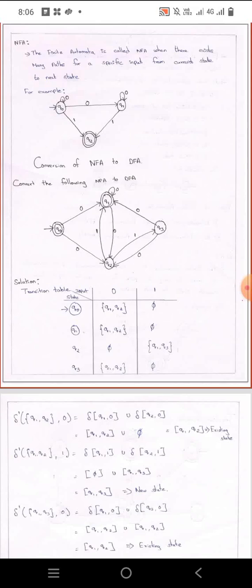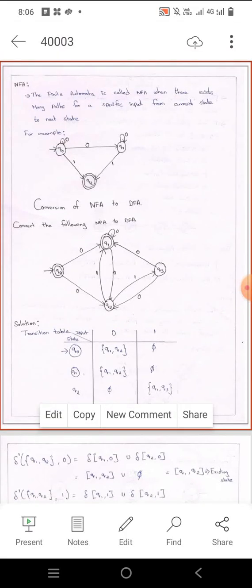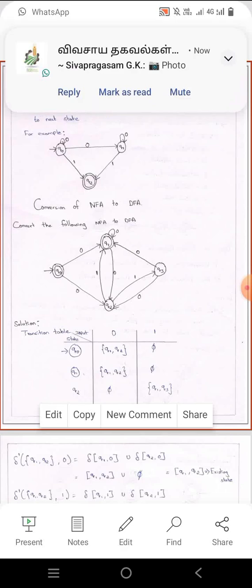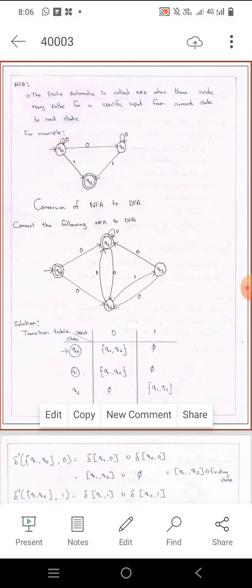That starting state is also acting as a final state, which is indicated by a double circle. So in the transition diagram, wherever the double circle comes, you have to know that it acts as a final state. So here the final states are q naught and q1. So our states are q naught, q1, q2, q3, and the input symbols are 0 and 1.